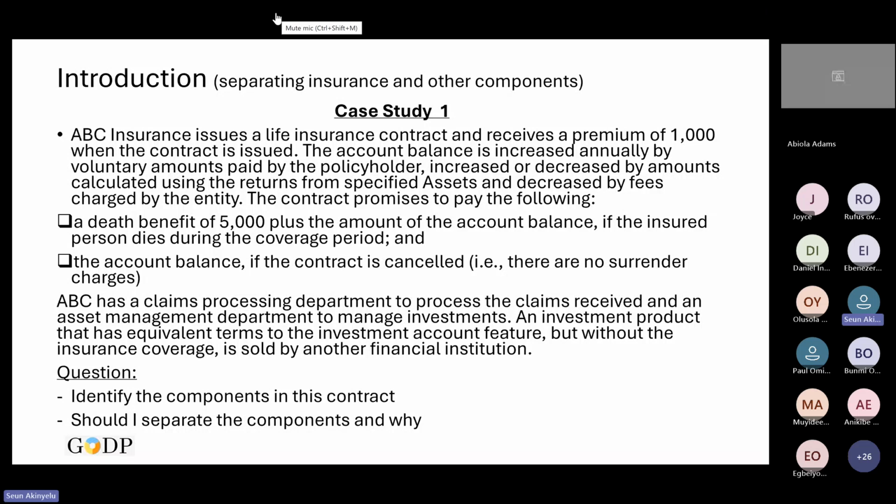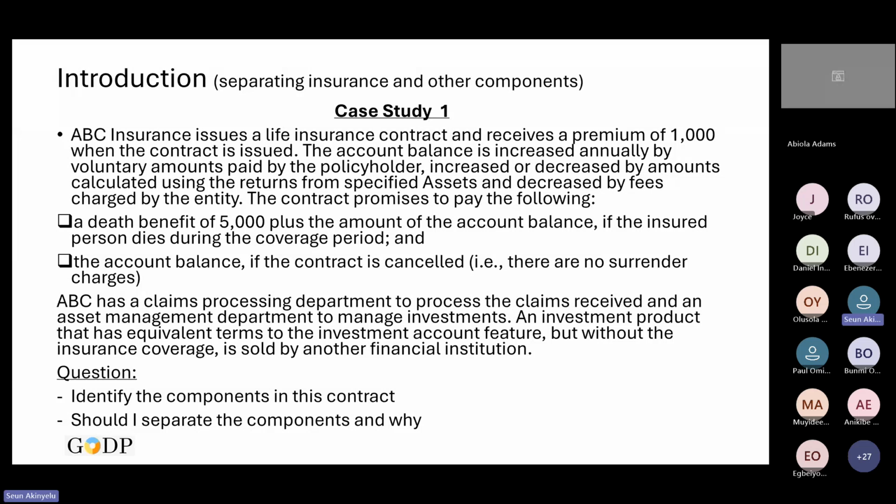Okay, so let's just take this example. ABC Insurance issues a life insurance contract and receives a premium of 1,000 when the contract is issued. The account balance is increased annually by voluntary amounts paid by the policy holder.